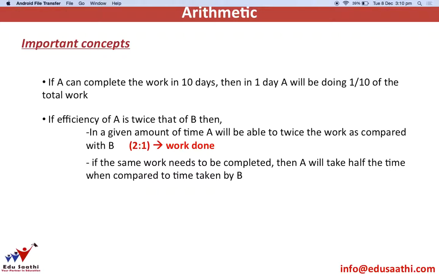And if the same amount of work has to be completed, then A, whose efficiency is higher, would take half the time as compared to that taken by B. So the time taken would be in the ratio 1:2.